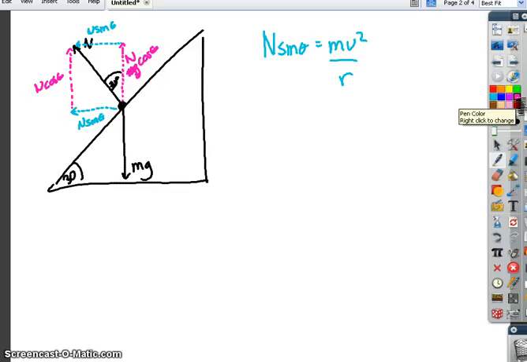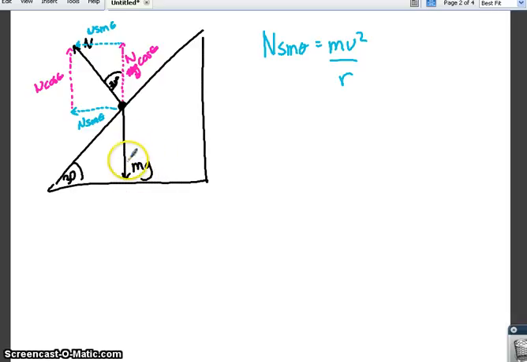Notice here that mg is equal and opposite to n cosine theta. These are equal and opposite. This car is not accelerating in the y direction. Therefore, these are equal and opposite. So n cosine theta equals mg. So what does n equal? Well, that means n equals mg over cosine theta.